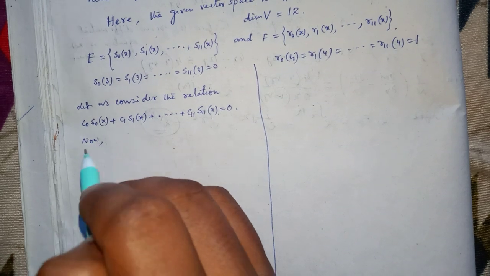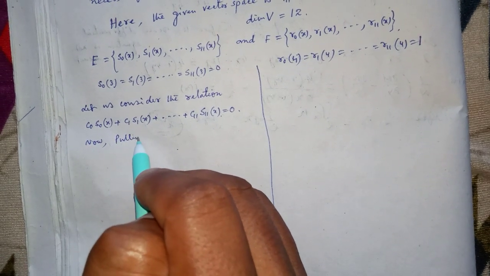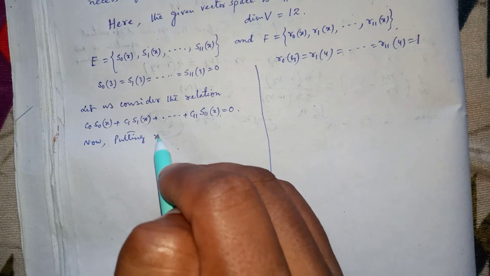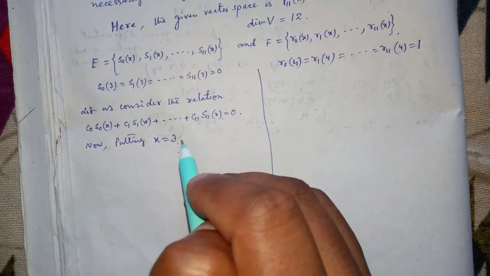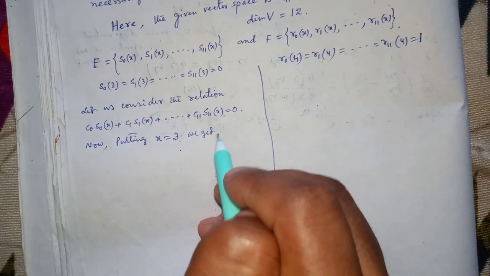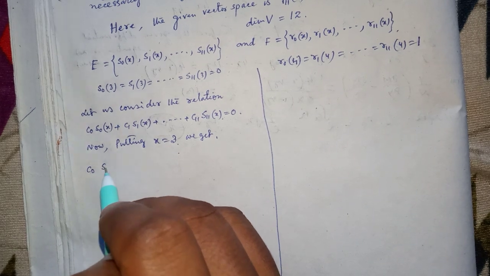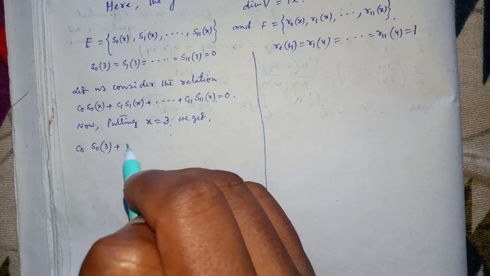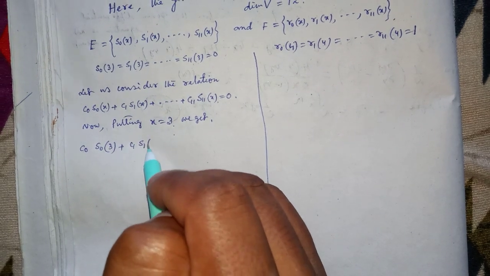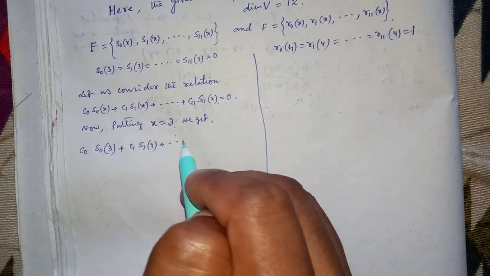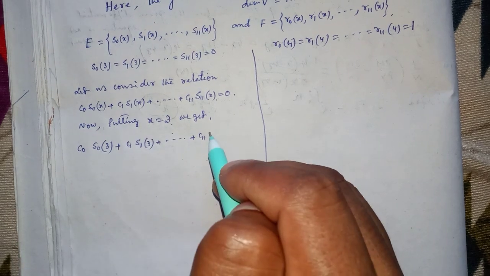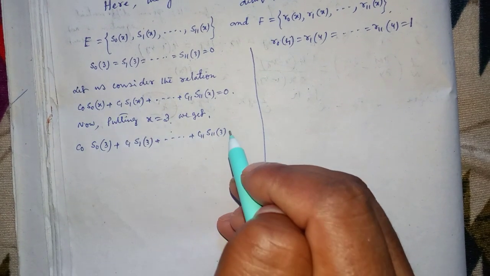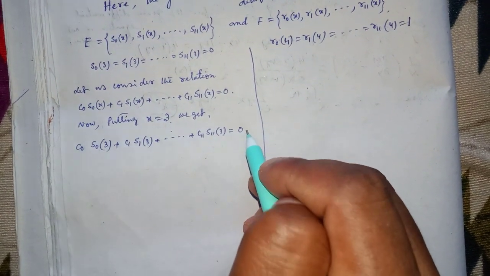Now putting x equal to 3, we get c0 s0(3) + c1 s1(3) + ... + c11 s11(3) = 0.